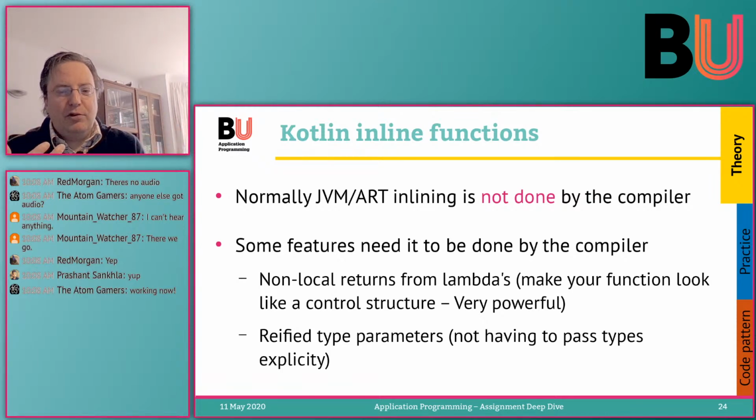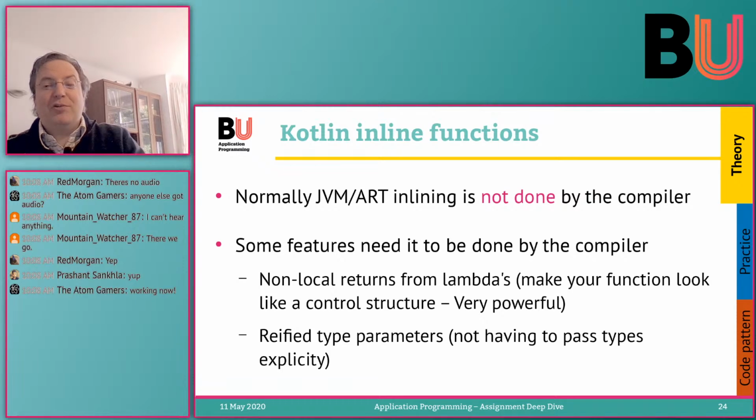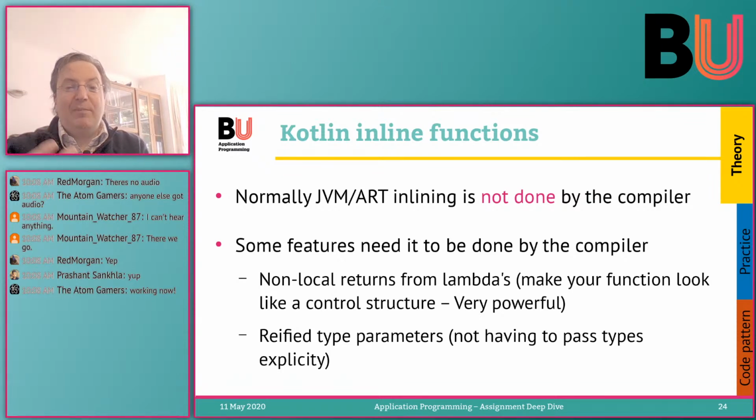To make that work, you need to be able to basically go into the guts of that function. And if it's an inline one, that function just disappears, and the outer function, the one that you want to actually return from, contains the code of the thing, and then the lambda also gets inlined. As such, you don't have any function calls left over, and non-local returns actually work.